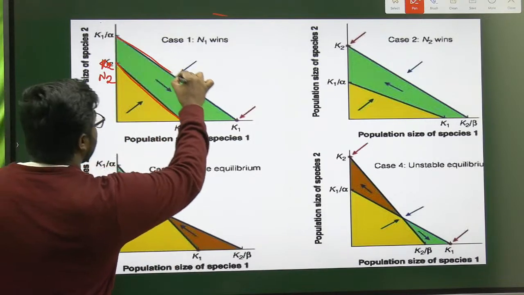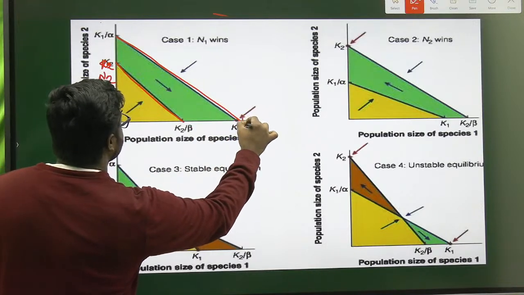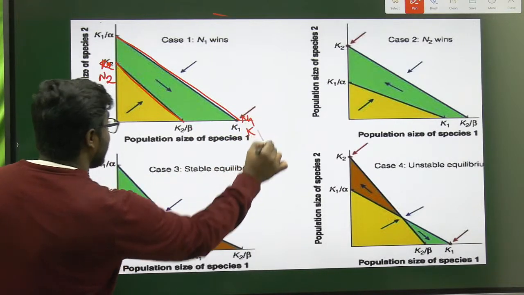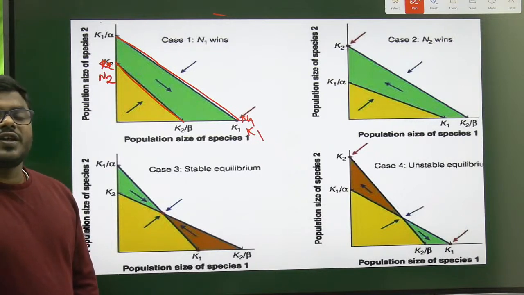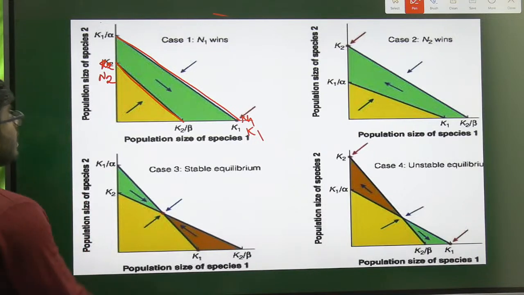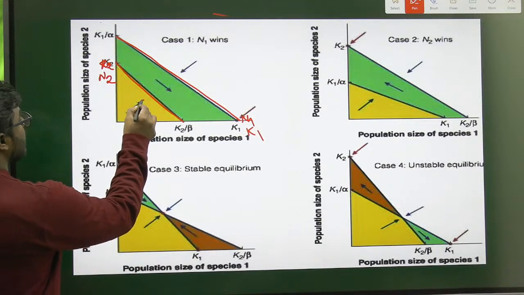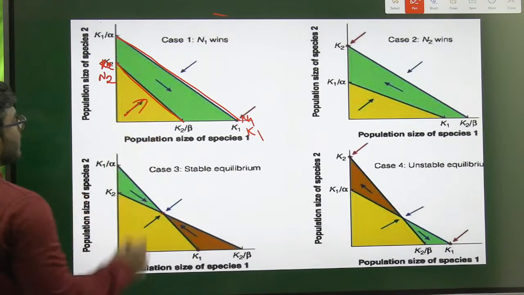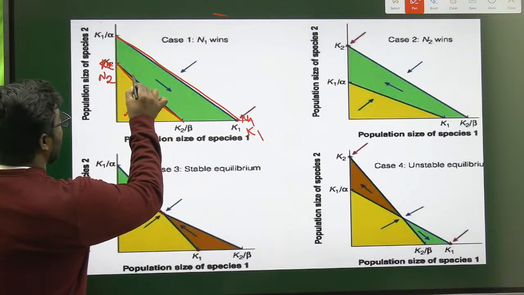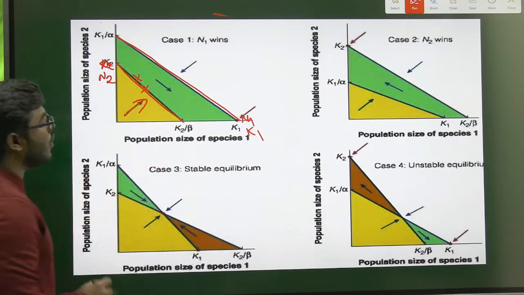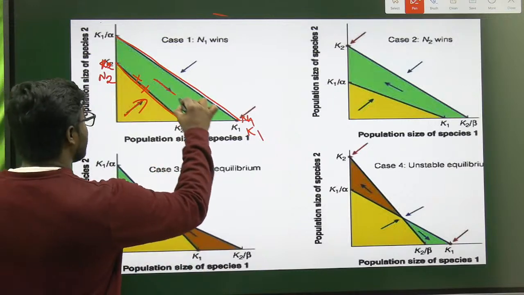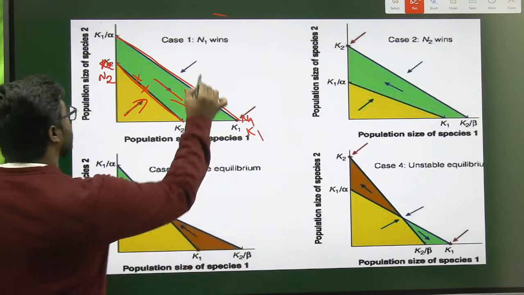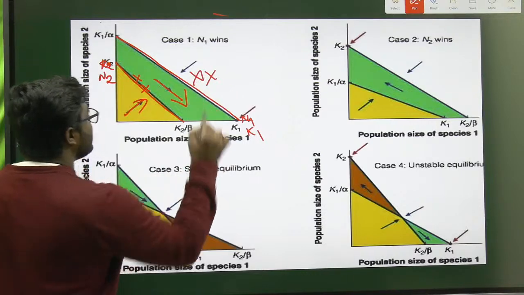This is the isocline point of N1 and its carrying capacity is K1. As we discussed, every species can grow very easily below its isocline point. So N2 can grow here, no doubt about it. N2 cannot grow here. Why? Because it's above its isocline point. But N1 can grow below its isocline point. N1 cannot grow above its isocline point.